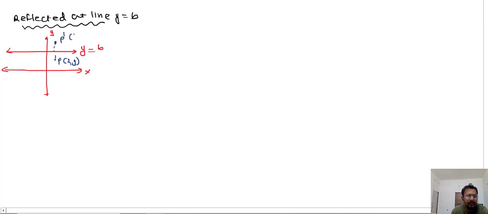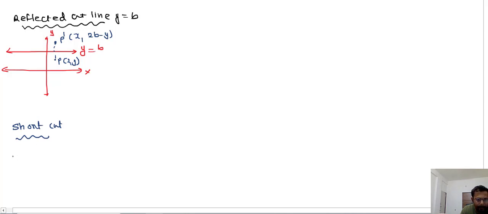So let's summarize the shortcuts of our reflection. Reflection towards the x-axis: (x, y) becomes (x, minus y). Reflection towards the y-axis: (x, y) becomes (minus x, y).